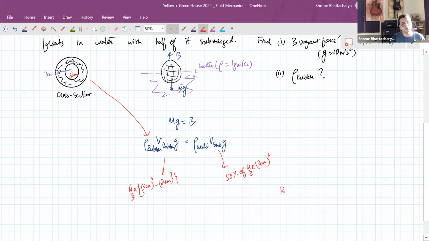Okay. So the buoyant force, which is equal to the weight, is equal to density of water, which is 1 gram per cc, multiplied by 2 by 3 pi into 27 cubic centimeters into g. So it is how much now? 18 pi grams into 10 meters per second square. So it is 18 pi by 1000 into 10.